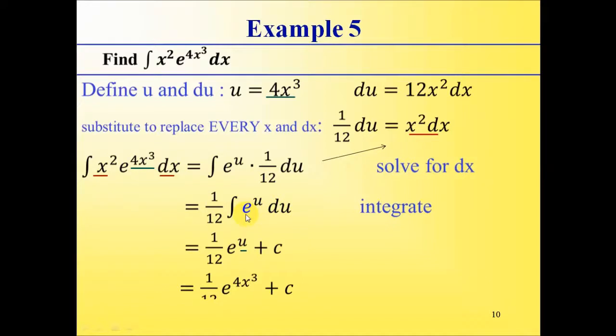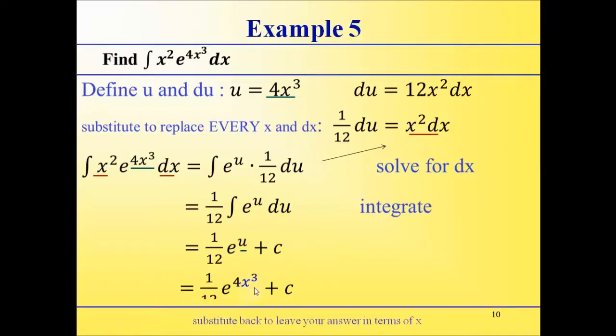With the basic integration formula, it is still the same: the integral of e^u, because u is the same as 4x^3, we can change it in this equation. Then substitute back to leave your answer in terms of x.